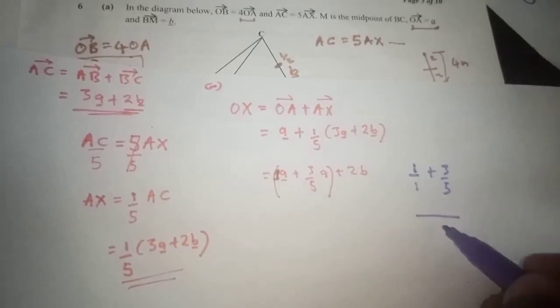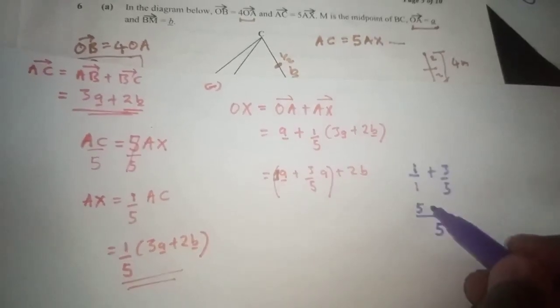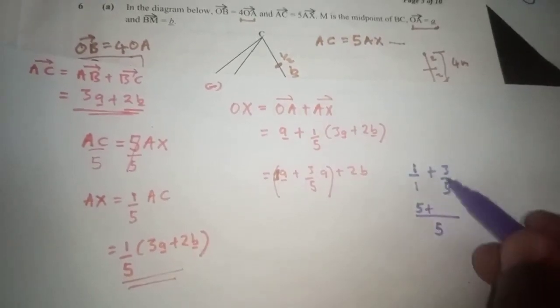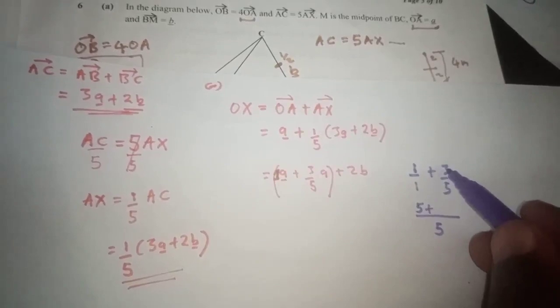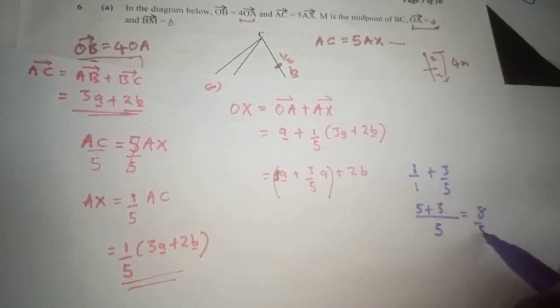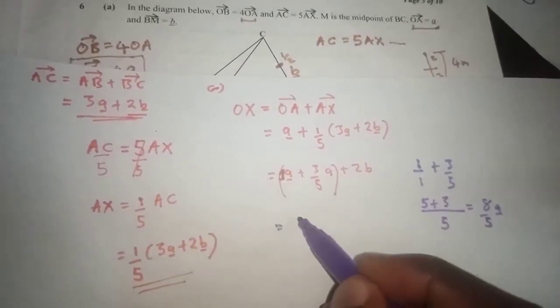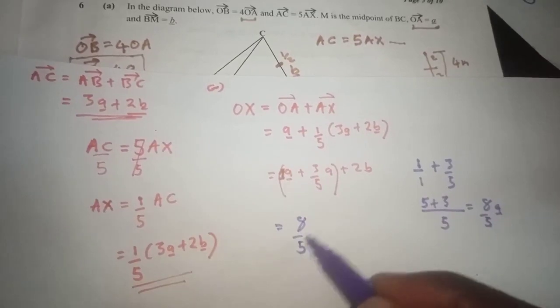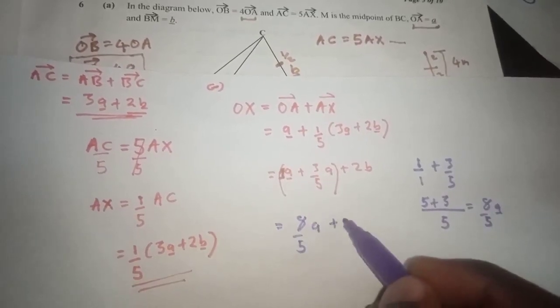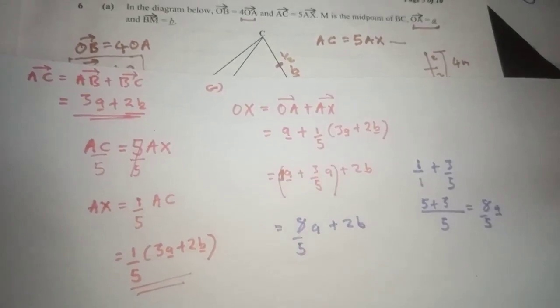The common denominator here will be 5. 1 into 5 is 5, times 1 is 5. 5 into 5 is 1, times 3 is 3. So you get 8 over 5 A. So this is simply 8 over 5 A plus 2B.